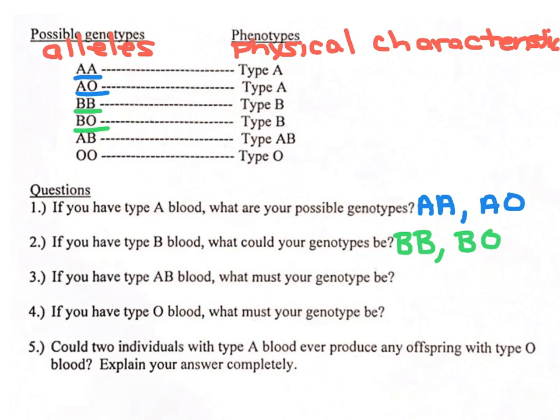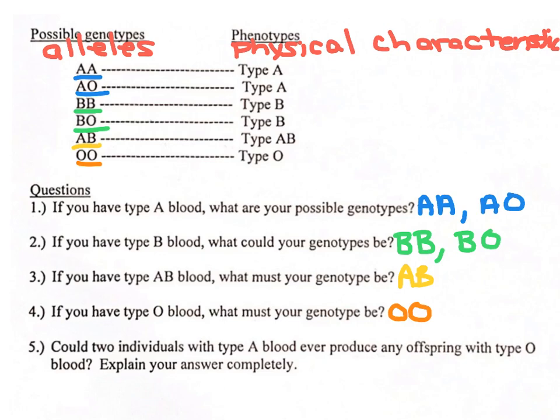If we have type AB blood, what is our possible genotype? Here, the only way to get type AB blood is to have allele A and allele B. Our next one, in order to have O blood, we'd have to have OO.